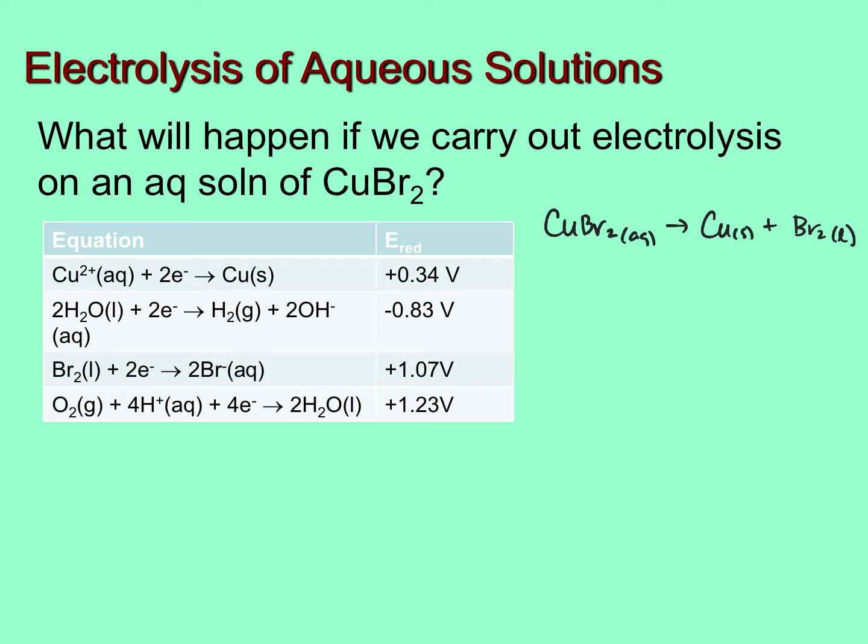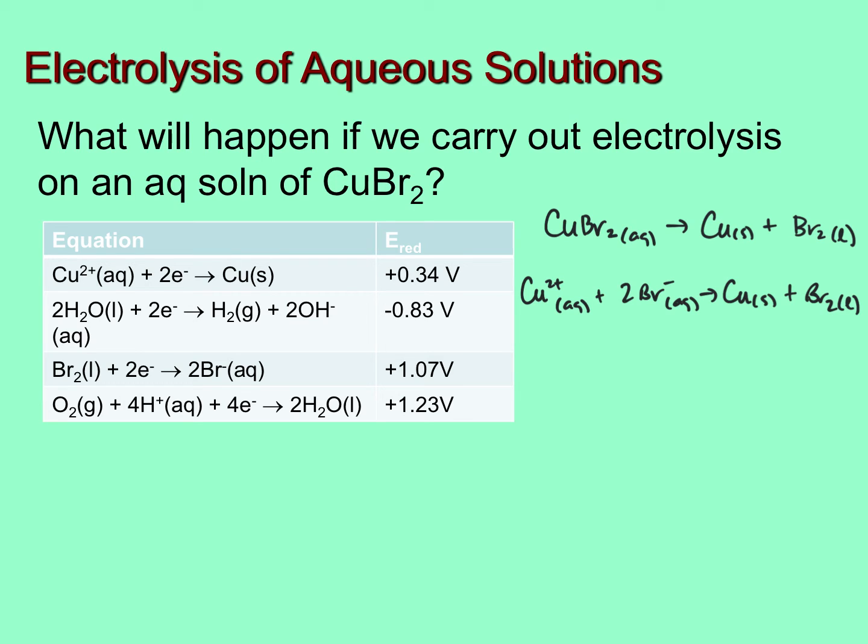And we're going to break up the left side to do the net ionic equation: Cu2+ aqueous plus 2 Br minus aqueous gives you Cu solid and Br2 liquid. Let's separate these into the two half reactions.